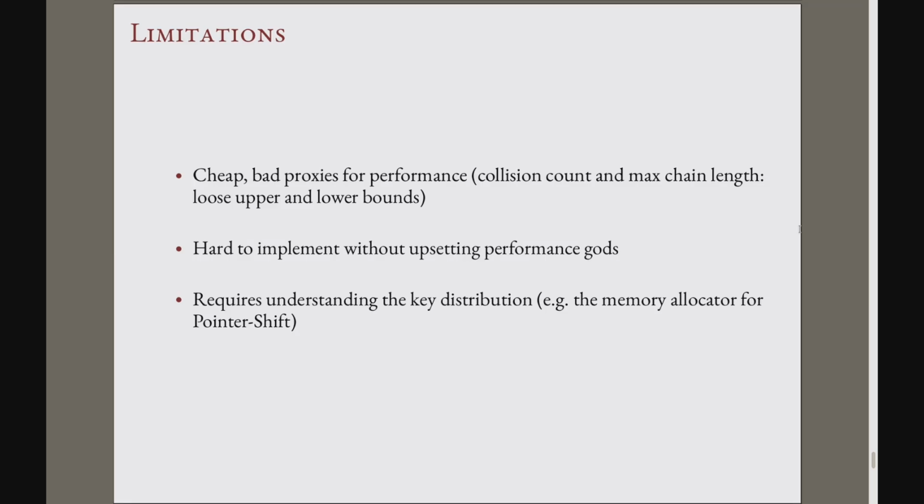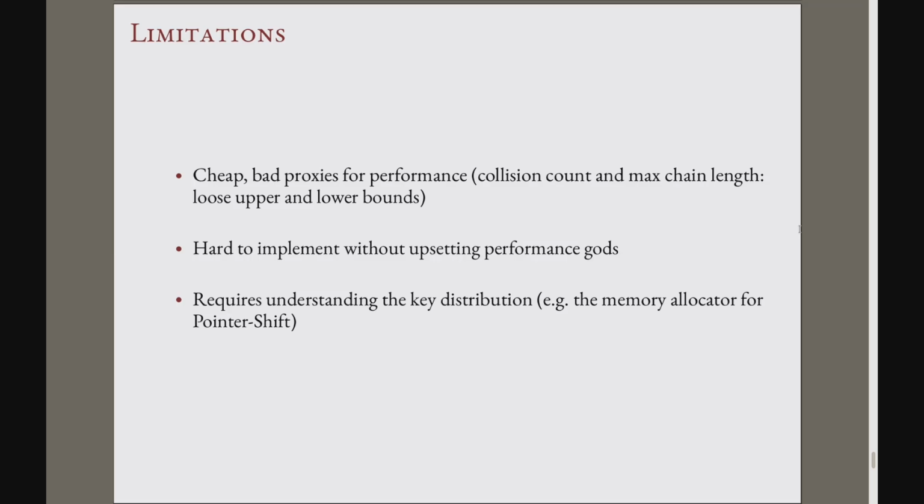Limitations. All of this is based on using cheap bad proxies for actual performance, for expediency. So we use the collision count and the maximum chain length, which correspond to really loose upper bounds and lower bounds on the regret. And the regret itself is a terrible proxy, as we have seen, for real-life performance.